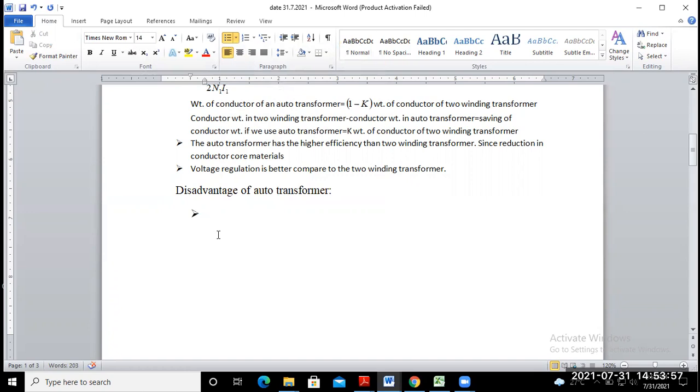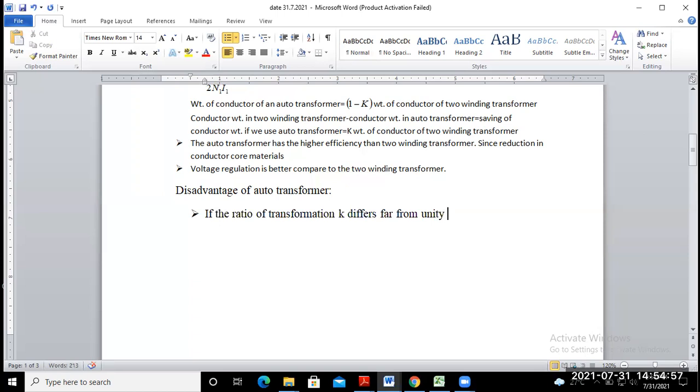If the ratio of transformation K differs far from unity, the economic advantage of the auto transformer over the two-winding transformer decreases.